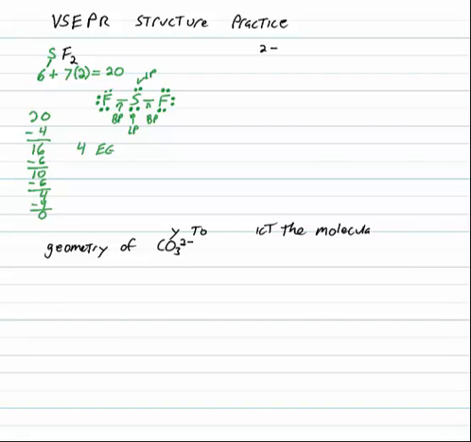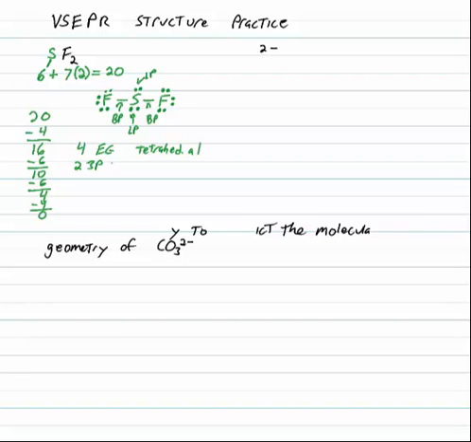Step 3 says find your electron group geometry. 4 electron groups will always arrange themselves as a tetrahedral, but that's the electron group geometry, not the molecular geometry. And step 4 is to find that final molecular geometry by ignoring those lone pairs. We see here that I have 2 bonding pairs and 2 lone pairs.